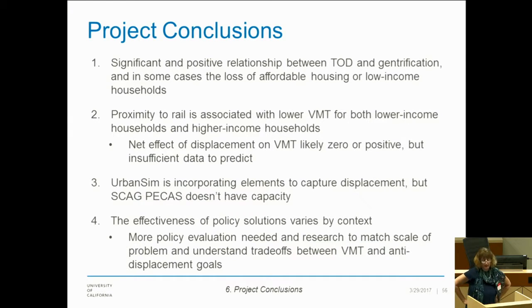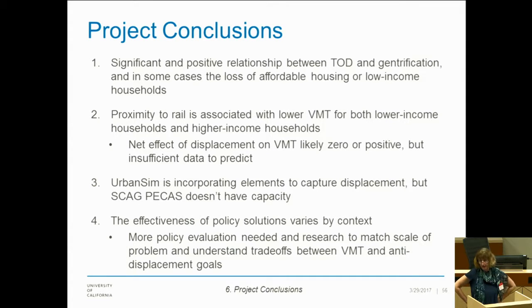We find that VMT is lower near transit. We find that the regional impacts of displacement may be zero or positive. More research is needed. We do find that adding more population, adding more density, is one way to get the biggest bang for your buck in your transit station area.